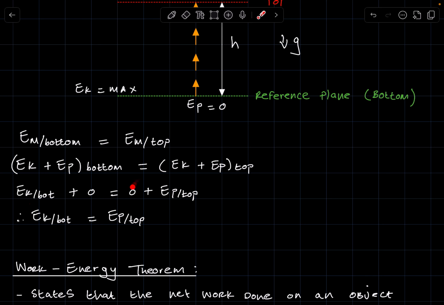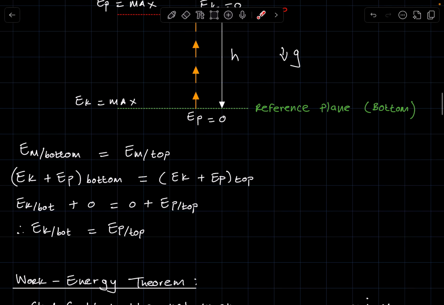Now at the top, we also established that before the object goes back to the ground, the velocity is equal to 0. Hence, the kinetic energy at the top is equal to 0. And then in terms of potential energy at the top, because the object has accumulated a height h from the ground or from the reference point, and has reached its maximum height, the potential energy is at its maximum, so you have a value of potential energy at the top.